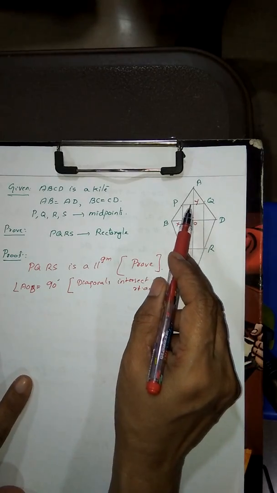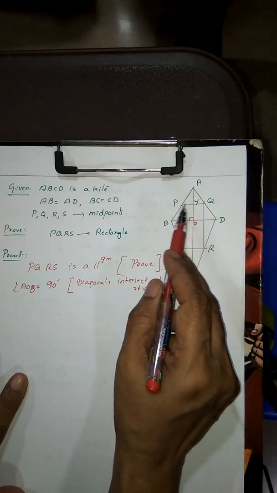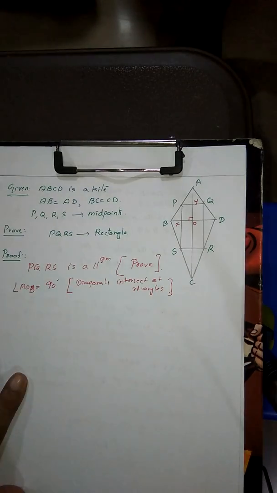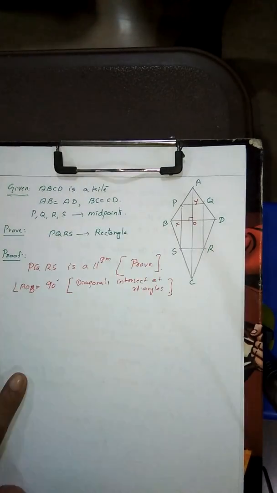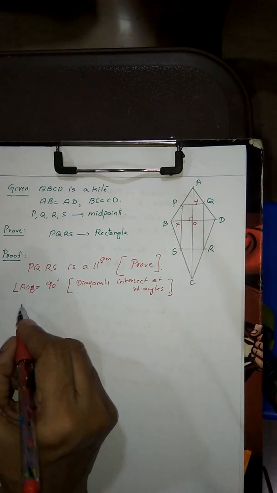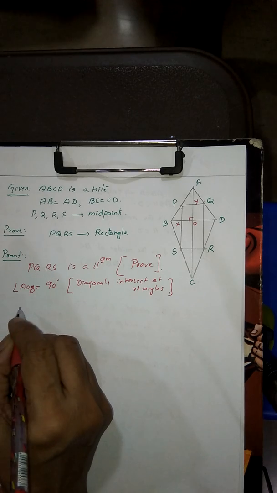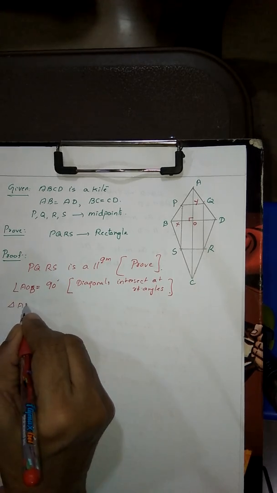Now we will consider this small quadrilateral PYOX. First prove that this is a parallelogram, and then we will prove this angle is 90 degrees. So for that we will consider the triangle ABD.